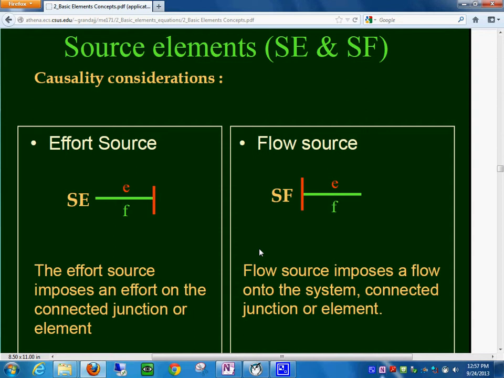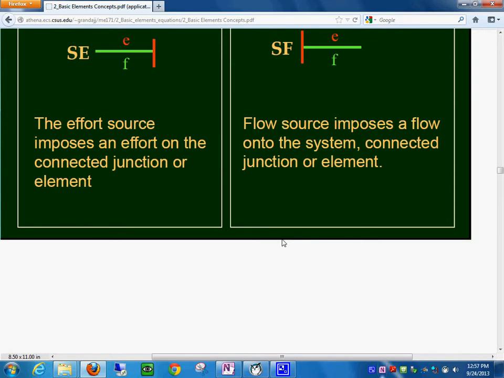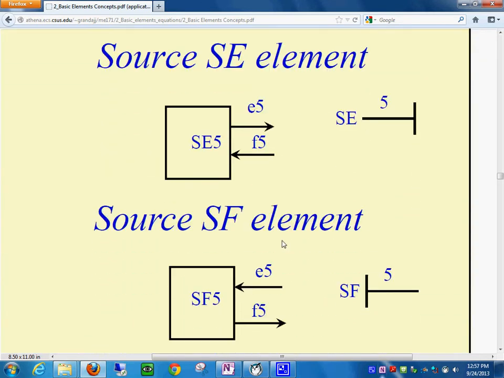Okay, so you have the two sources, the elements, and now let's move on. Again, perhaps a little bit of a warning here. When you pick up a source in Simulink, they assume it's either an effort source or a flow source.